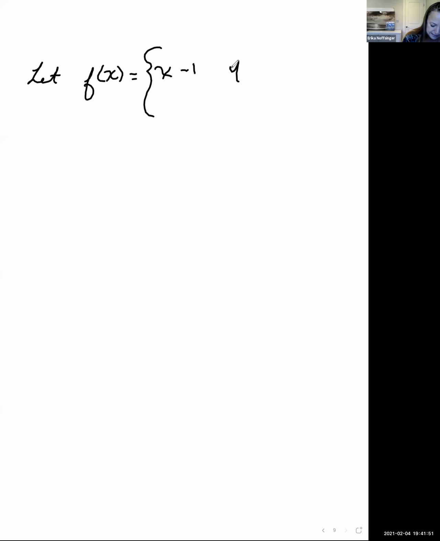And this is if x is less than 3. And then the second equation is just the constant 2.